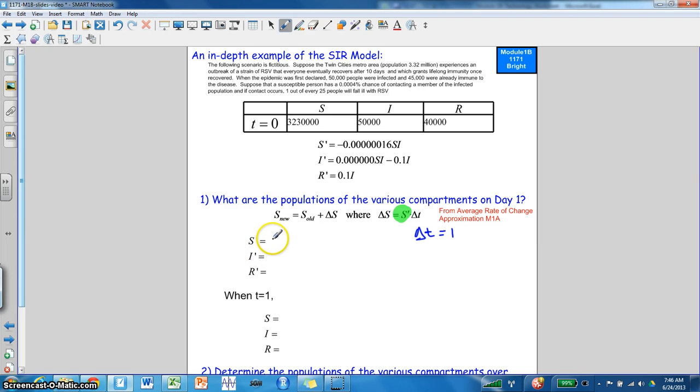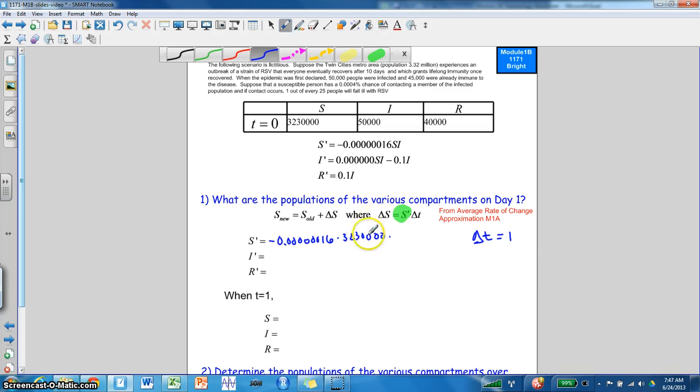I'm only going to write this once, and then we'll just follow it through. So S prime here is minus 0.0000016 times S, which is 3,230,000, and then times I, which is 50,000.